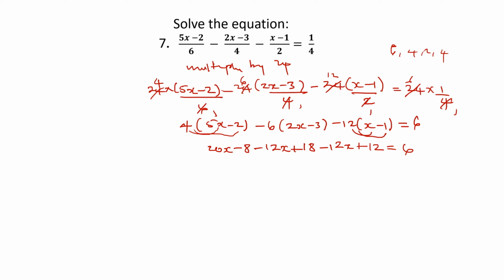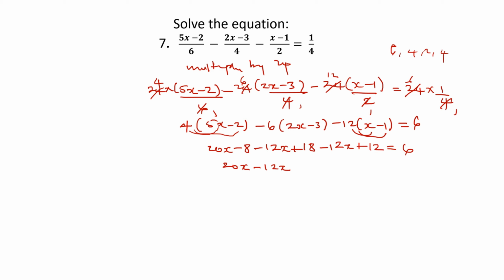So bring the x together. Since we are not crossing the equal to sign, let's bring them as they are. 20x, bring minus 12x. Remember, it's minus that is in front of 12x, so bring it as it is. We look again for another x.